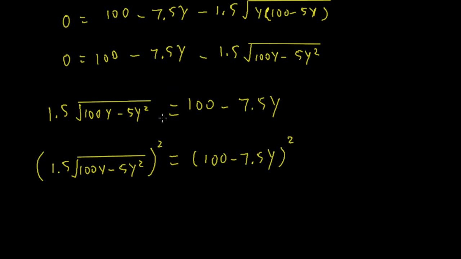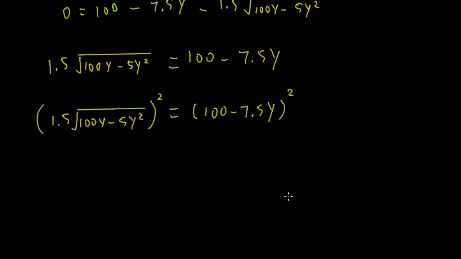Okay, so if that's equal to this, then squaring both sides will still be equal. So what is this side now when you square it? Now 1.5 squared is 2.25. So basically 2.25 times, when you take the square of the square root, you basically get rid of the square root. So 2.25.